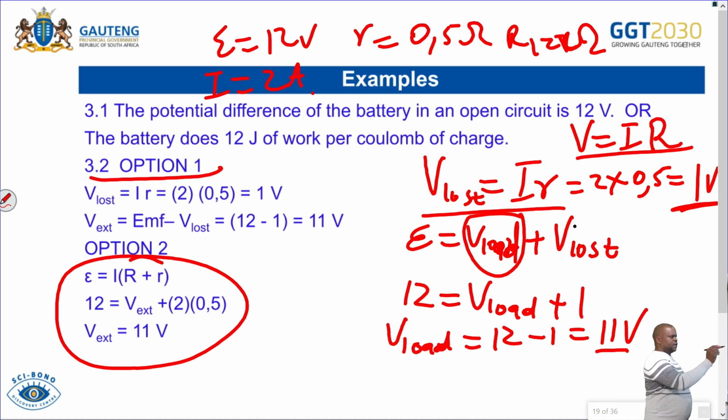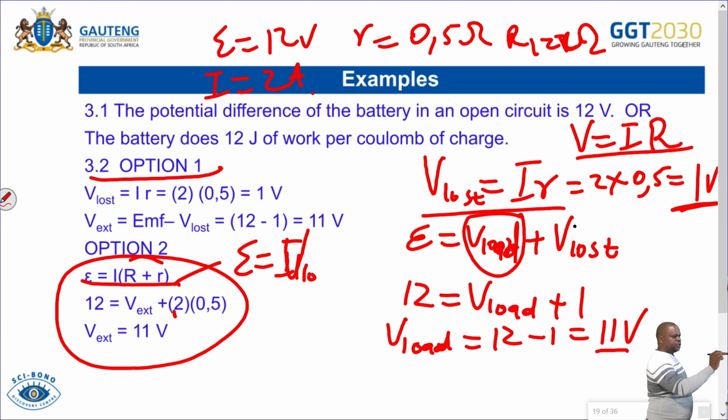We know the formula. Then we substitute 12 for EMF. Let me just do this. From here, you can say E is equal to V load plus IR. Are we together?